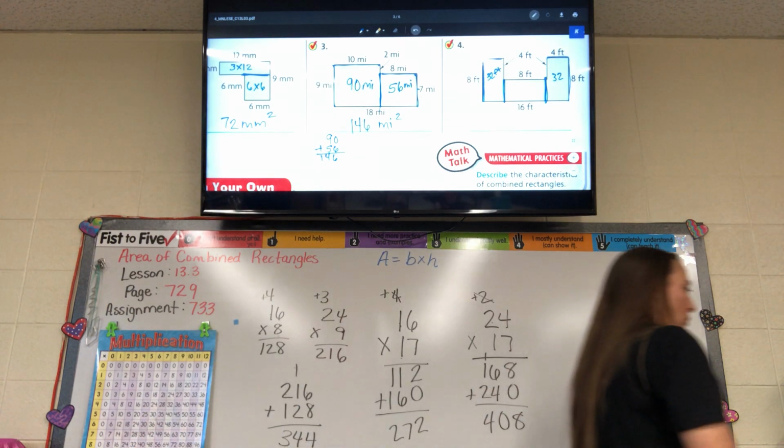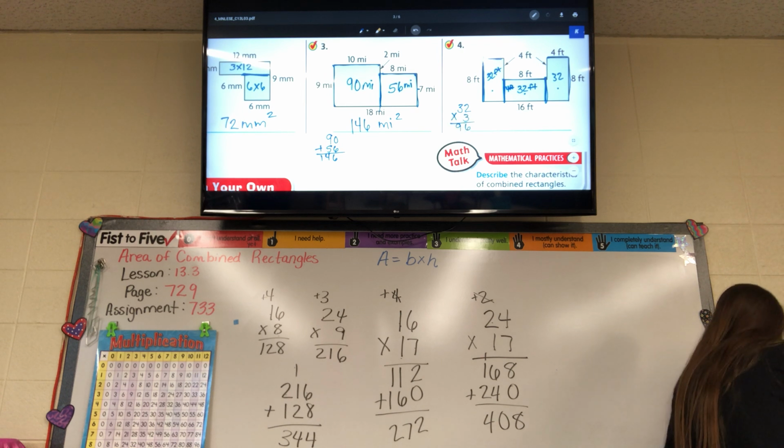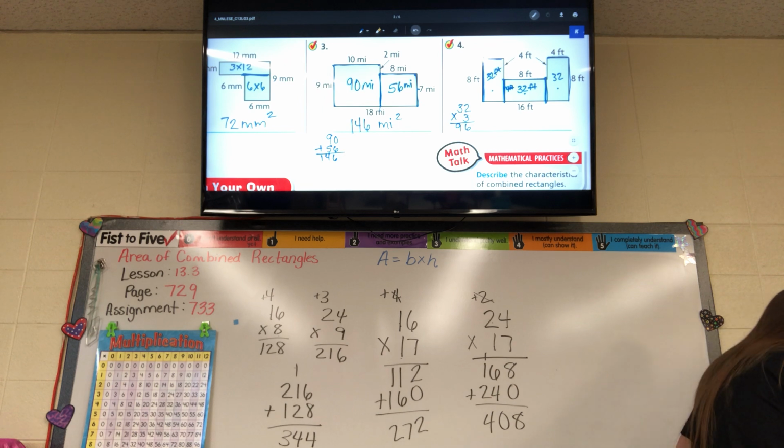Because 4 plus 4 equals 8. So this is 4 feet right here on this side. So I'm going to use the 4 feet and then the 8 feet, and that is 32 feet. So then we have 32, 32, and 32. So I can find this by multiplying 32 times 3, and that will give me 96 feet squared.